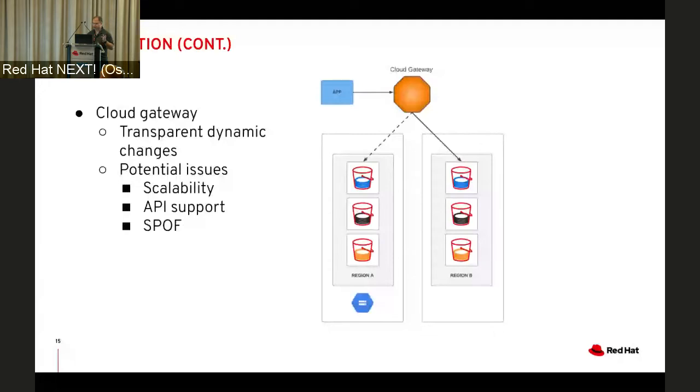It creates a virtual representation of the data network, and it hides all the details behind it. However, these solutions inherently have scalability issues. The API support depends on whatever they support, and it can be a single point of failure.